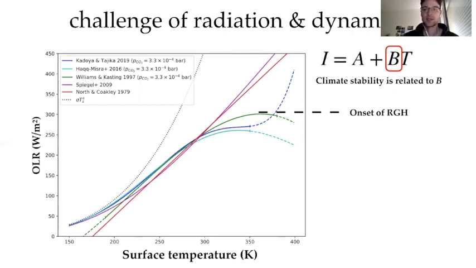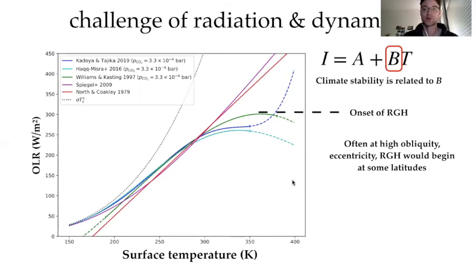Now, I attempted to use these parameterizations in our EBM, where I was exploring lots of different obliquities and eccentricities. And what would happen is that the runaway greenhouse would occur at very localized regions at specific latitudes, and that would eventually drag the entire atmosphere into the runaway greenhouse.